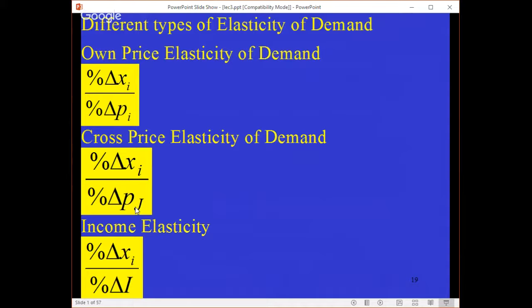For every dollar my income increases, my demand for that product will go up by less than a dollar. In other words, I like that good, I'll spend more on it, but I'm not going to spend all of my added income on it. For a luxury good, my demand will go up by more than that. And finally, for an inferior good, it's going to be negative. I become richer, I buy less.